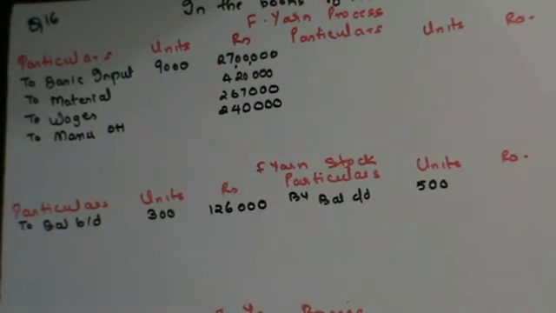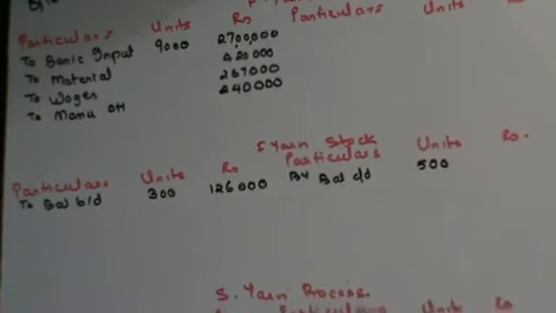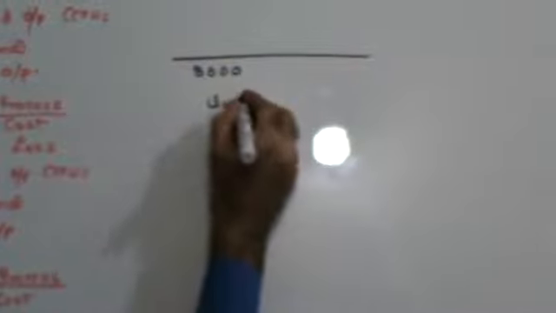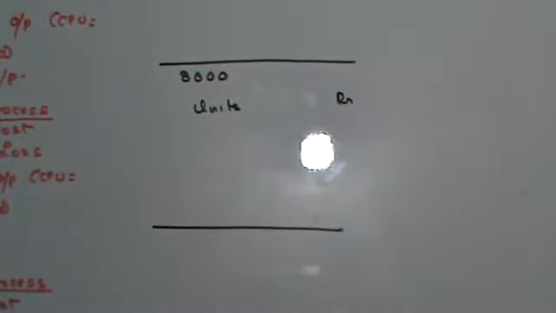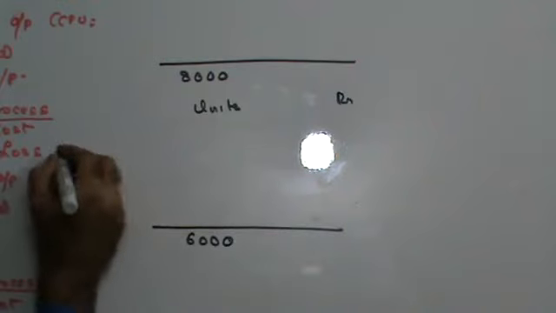Now, let us move to SY process, guys. Let's see the working note. Units, rupees. They've given you that output during the year is 6,000 units, and that normal loss is 25%.